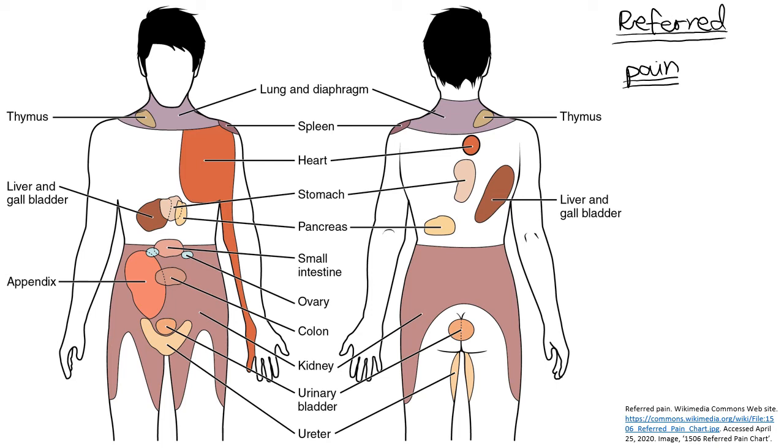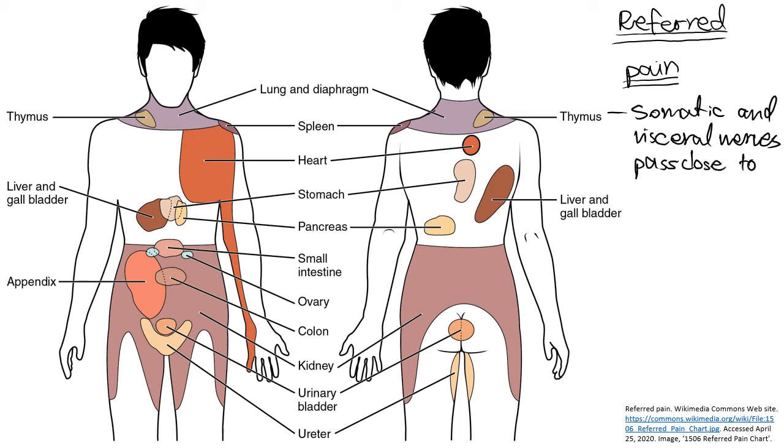So, referred pain arises because in the spinal cord, where the spinal nerves meet to go up to the brain, somatic sensory and visceral sensory fibers actually cross over or pass very closely to one another at the spinal cord. So, to reiterate that, somatic and visceral nerves pass close to one another at the spinal cord.